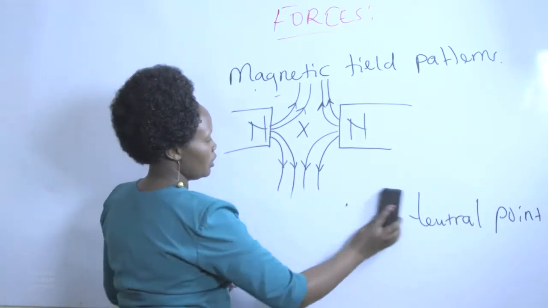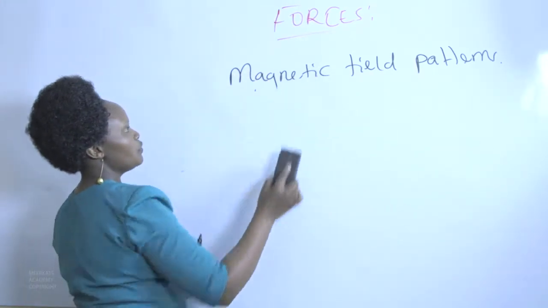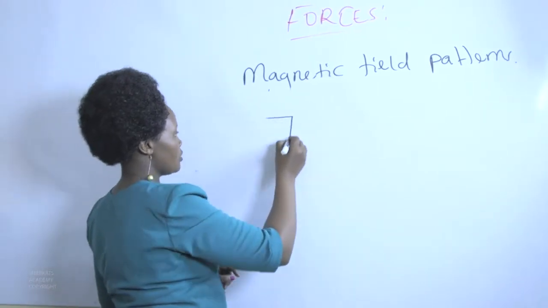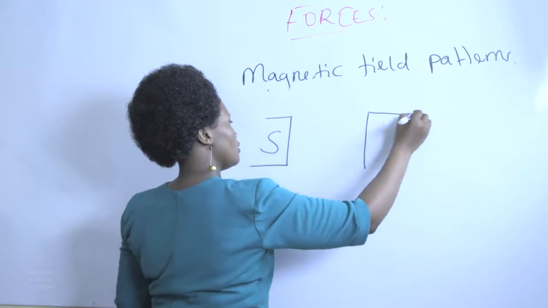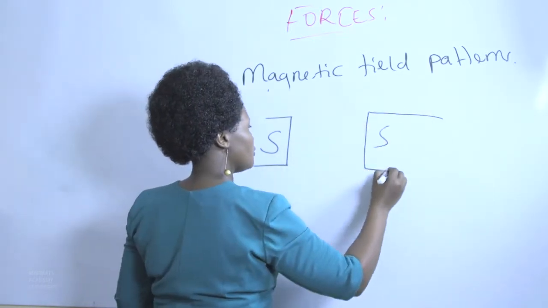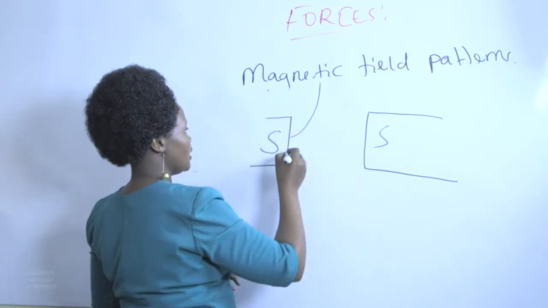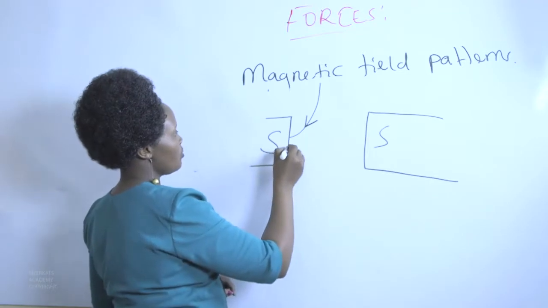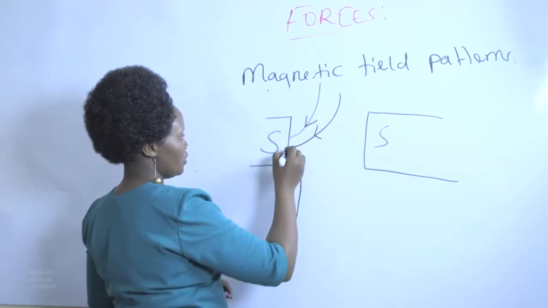Now, the same case will apply if you had south poles brought together. South pole. Now you will have lines that originate from some north somewhere and towards the south pole.